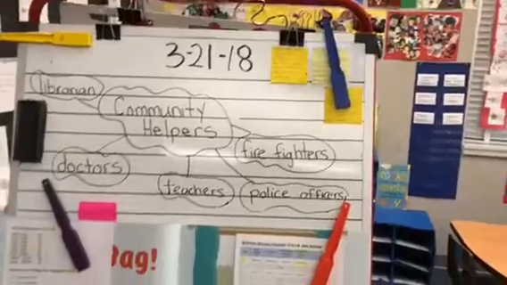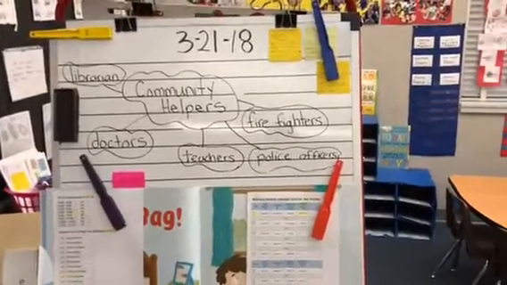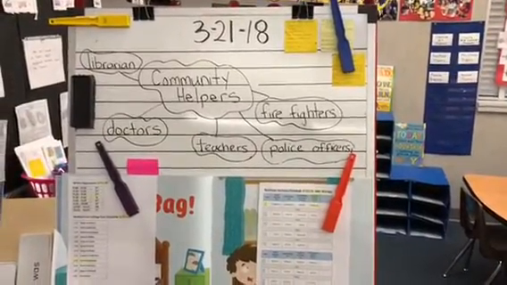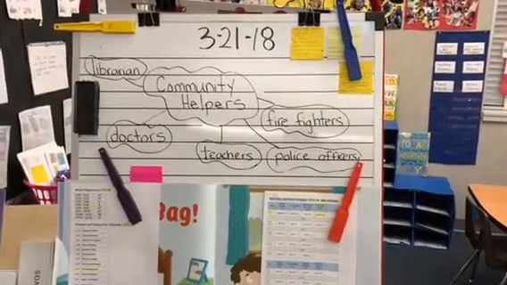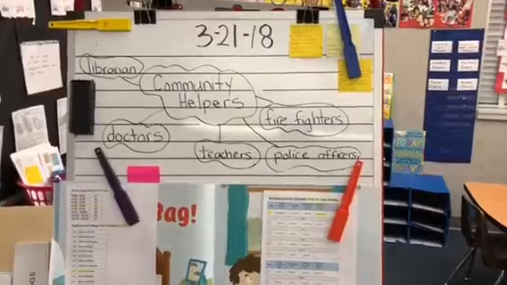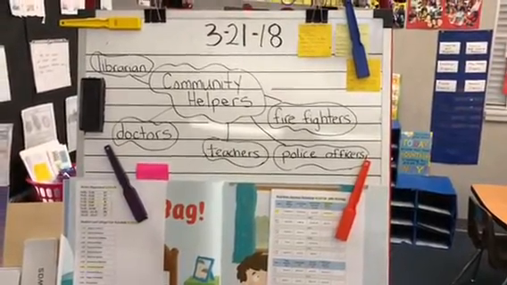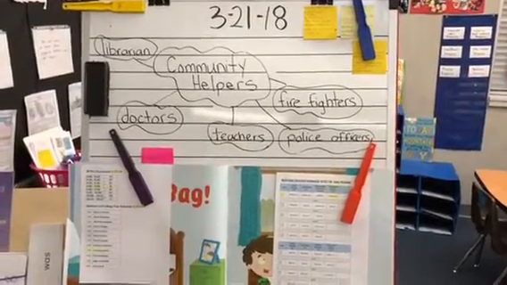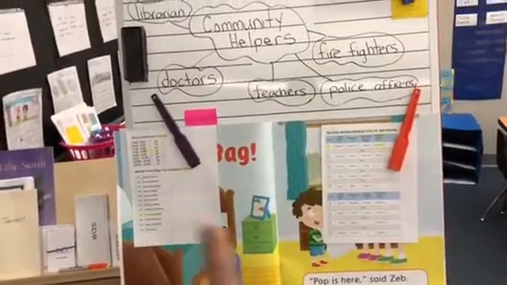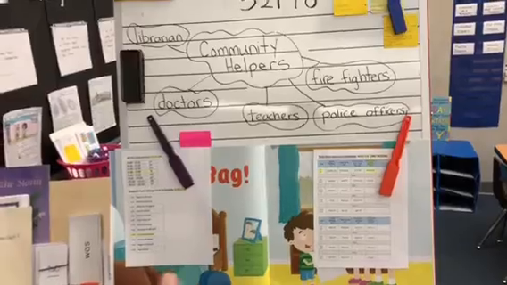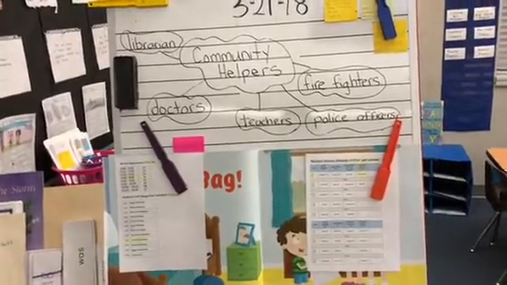So as you can see on my whiteboard, I do a lot of thinking maps on the whiteboard, and usually I have a lot more, and sometimes I put them on butcher paper. So my goal is to do a different one for a different community helper each day, but this is the one I'll start with. And of course I'll have more, but I have my big book here, and then I have my schedule because again, it's Career Week and we have a lot of presentations and a lot of things going.